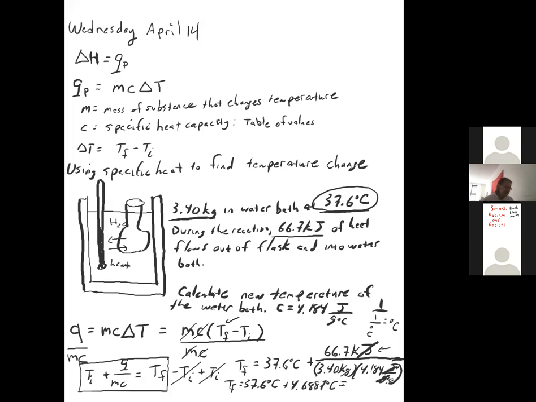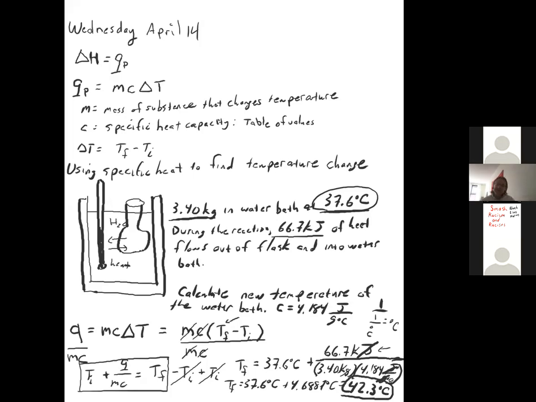So we'll just add that to 37.6 and you get 42.28887. So I'm just going to round that to 42.3.